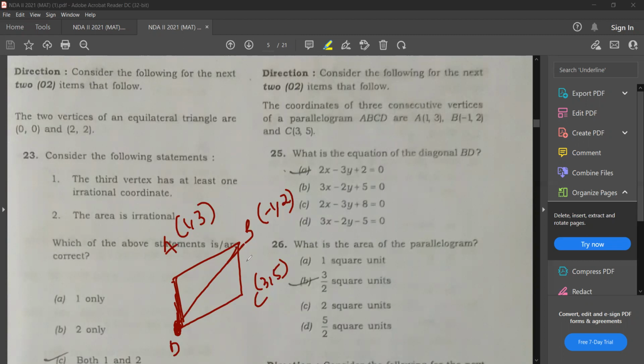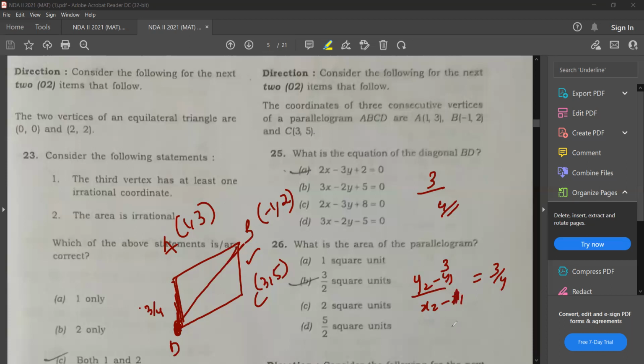So what will be the slope here? Slope will be y2 minus y1 by x2 minus x1, so 3 by 4. So here also slope will be 3 by 4. So y2 minus y1 by x2 minus x1 is equal to 3 by 4. Here y1 is 3, x1 is 1.